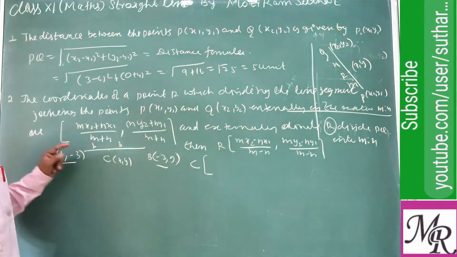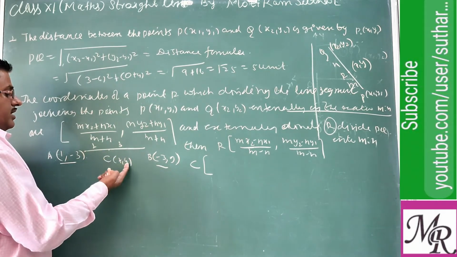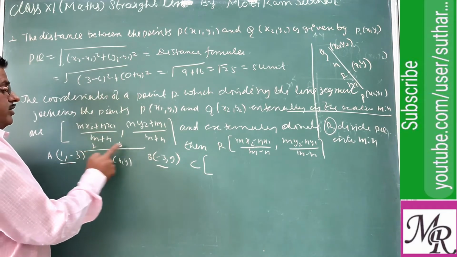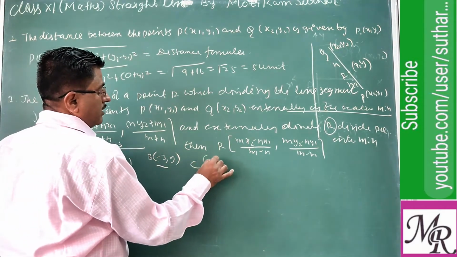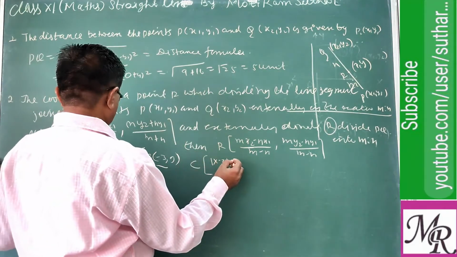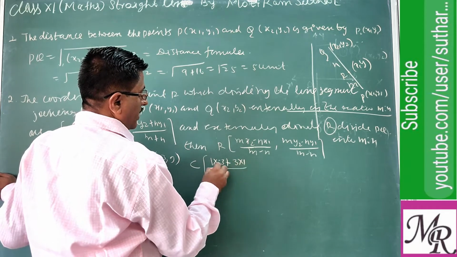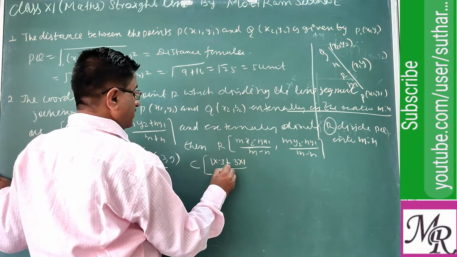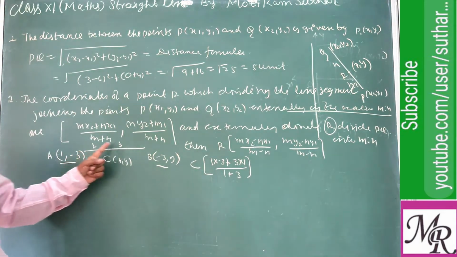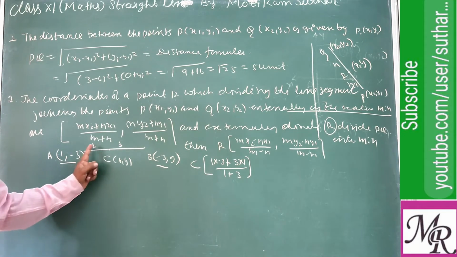So what will be the coordinate of point C? Use this formula. For the x coordinate we use the x coordinates, for y we use the y coordinates of the given two points. So the x coordinate will be 1 into minus a plus 3 into 1 upon the sum of the ratios, that is 1 plus 3.